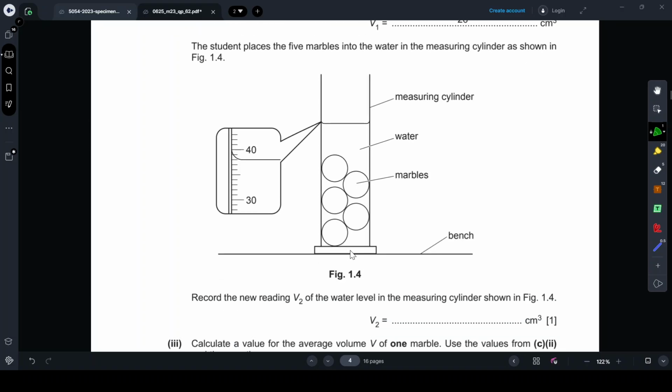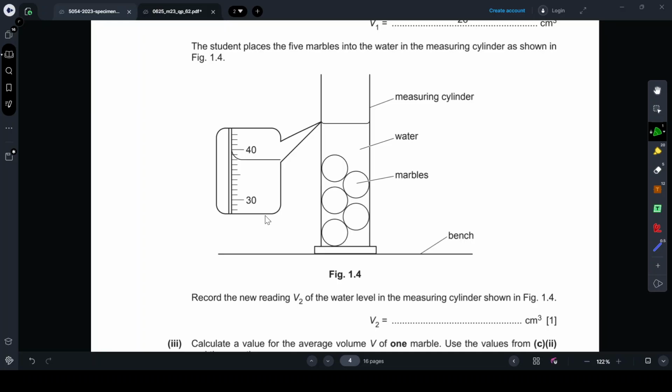And remember, the concept behind this is that when you place an object in water, the level will rise. Why? Because these guys are also occupying volume, and the measuring cylinder is there to measure volume. So the water will be displaced and it's going to give you a higher reading, which will compensate for the volume that these marbles are taking up.